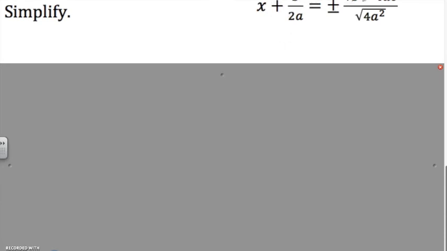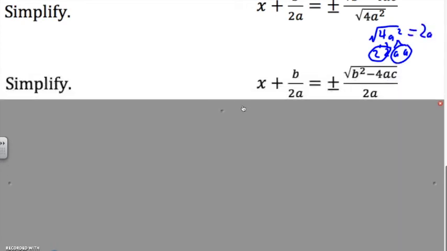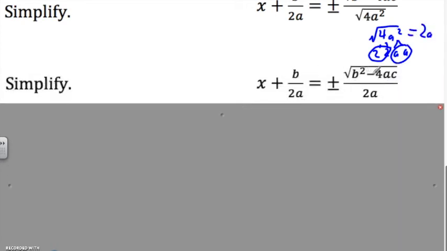The top I can't really do anything about, but I can simplify 4a squared. 4 is going to break down into 2 times 2, and a squared is going to break down into a times a. So when I make my pairs, I'm going to have a pair of 2's and a pair of a's. So this is going to actually break down to be 2a. And you can see that is what we have here.